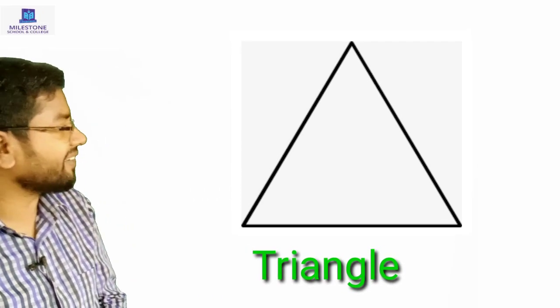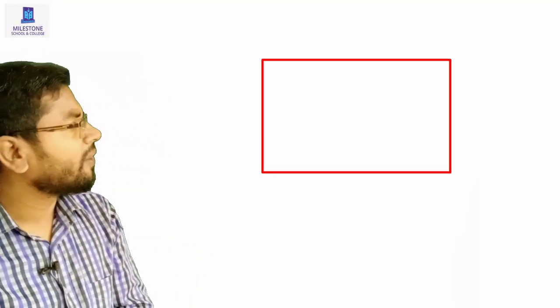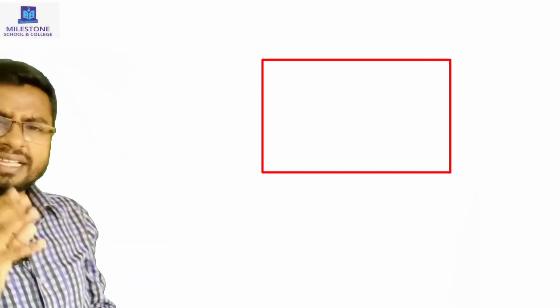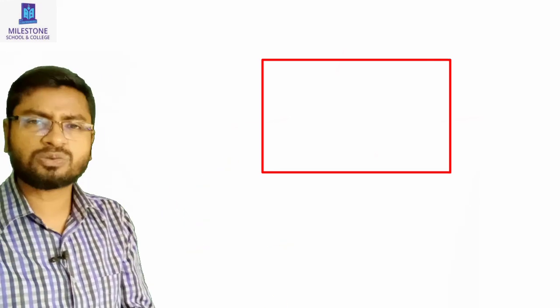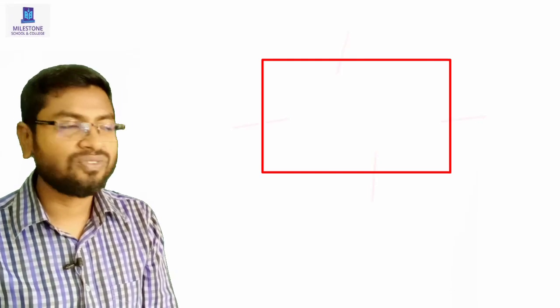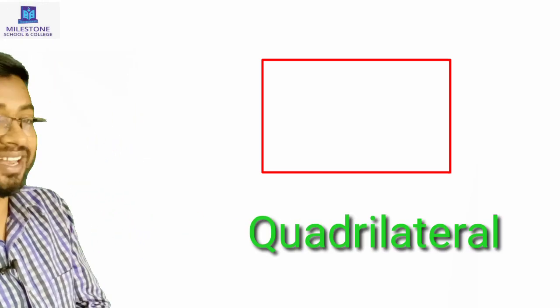Yes, it is a triangle. It has three sides. See the next one. What type of figure is this? What can we say? A triangle has three sides, but this has four sides. What can I say? Four sides. Yes, it is a quadrilateral.